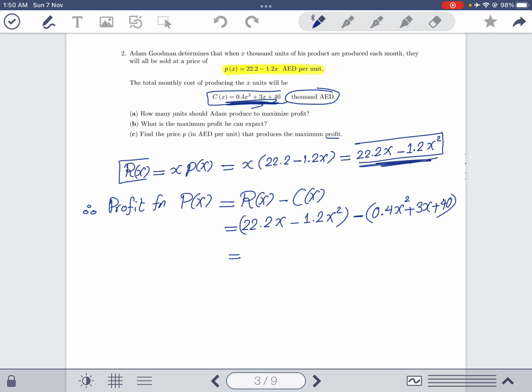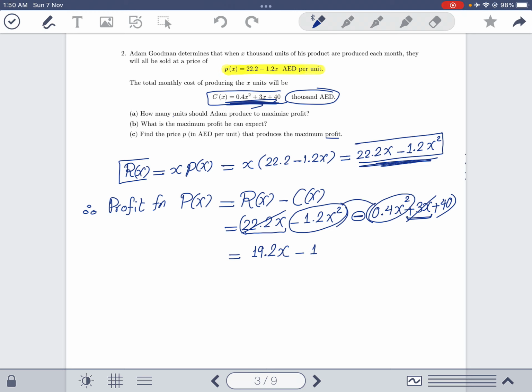And if you do this subtraction, notice 22.2x and minus 3x. 22.2 minus 3 is 19.2. So this will be 19.2x. This way you are done with these two. And now minus 1.2x squared minus 0.4x squared.